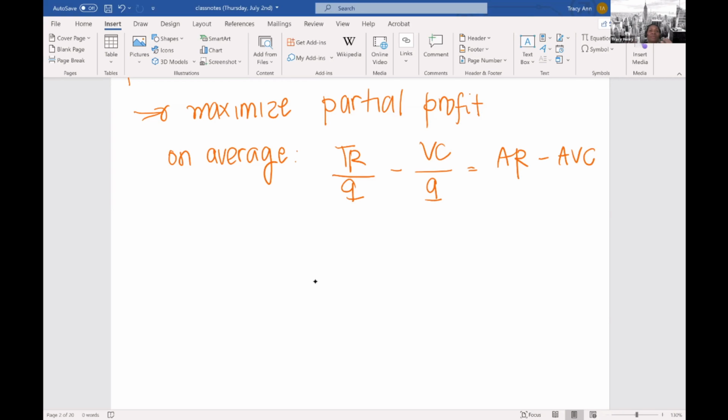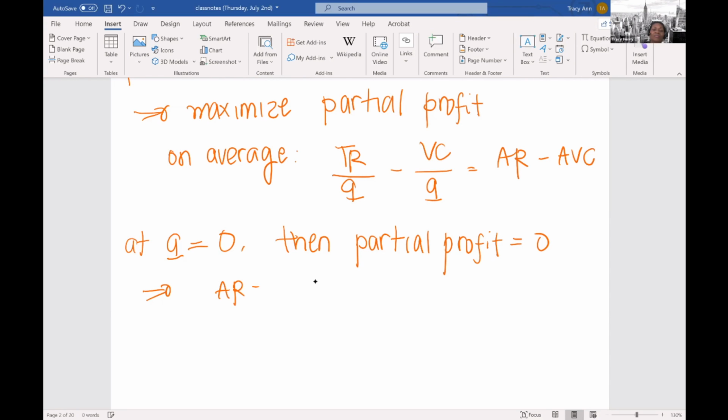I'm not purchasing inputs to produce something if my quantity is 0. So at Q equals 0, my average revenue minus my average variable cost is equal to 0. But my average revenue is my price, so price minus average variable cost is equal to 0.